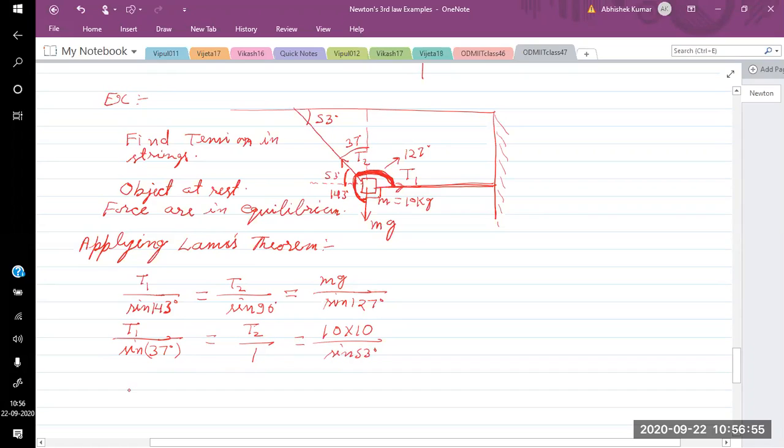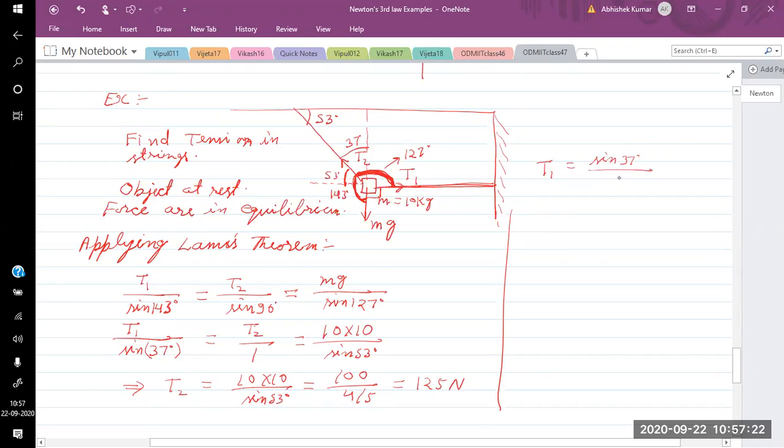Now what will be the value of T1 and T2? So T2 we can write as 10 into 10 by sine 53. So that is how much? 100 by sine 53, which is 4 by 5, so that is 125 Newton. Similarly, for T1 we can write sine 37 degree by sine 53 degree into 10 into 10.